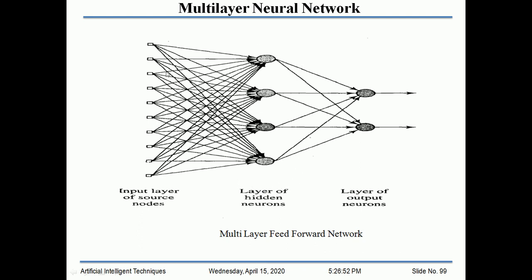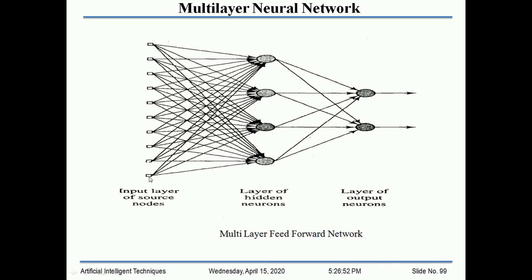Okay, so you can see this network is a fully connected network. What is a fully connected network? Each and every node of the input is connected to each and every neuron of the hidden layer. Let me say this is input node number 1, and these are neurons 1, 2, 3, 4, and so on. Node number 1 is connected to the first neuron of the hidden layer, likewise the second, the third, the fourth.